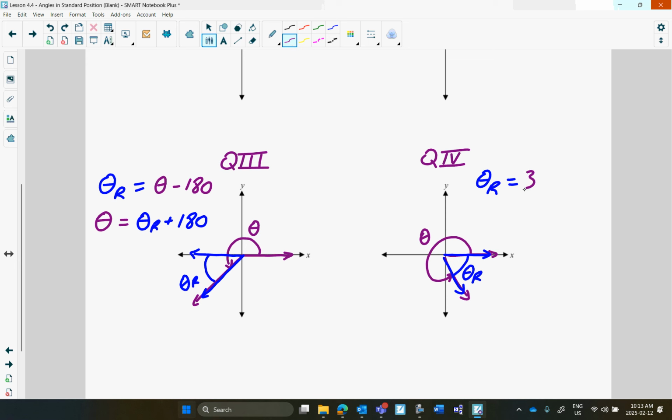So I have to do 360 minus theta. If I want to find theta, and I've given you the reference angle, we do the same thing, 360 minus whatever the reference angle is. Okay.